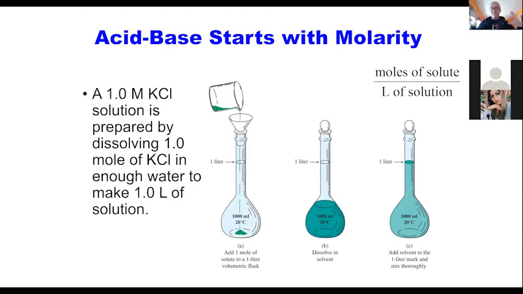And because everything with reactions comes down to moles, hopefully we know that grams don't react with grams. Moles react with moles. And it really helps us in doing these sorts of reactions.